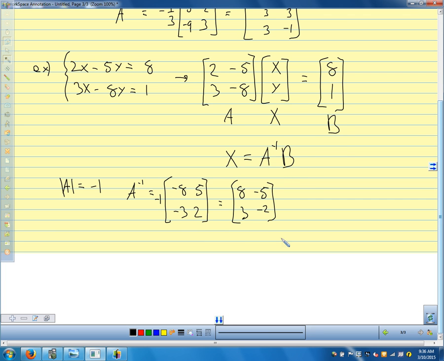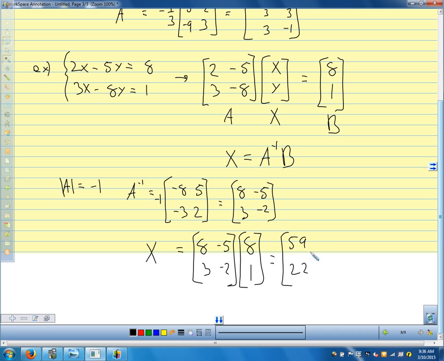So there's my inverse, and I would get that X, the big column matrix, equals the matrix 8, negative 5, 3, negative 2, times the matrix 8, 1. And if I multiply that out, I would see that x equals, I'm not going to do the multiplication.